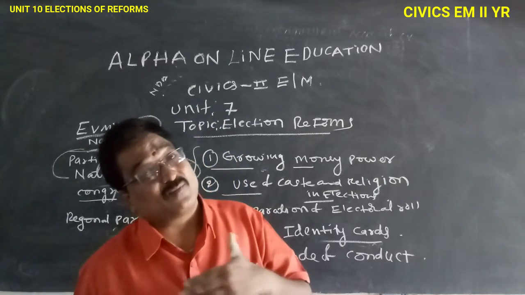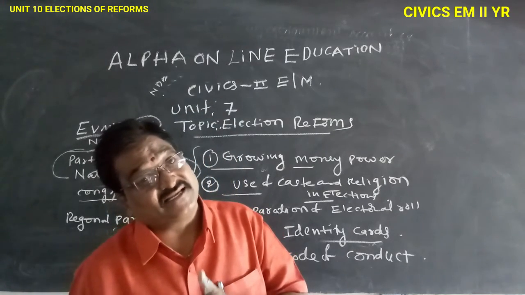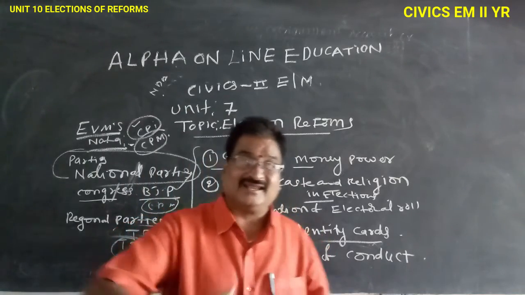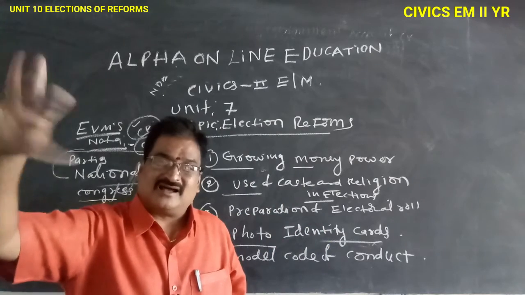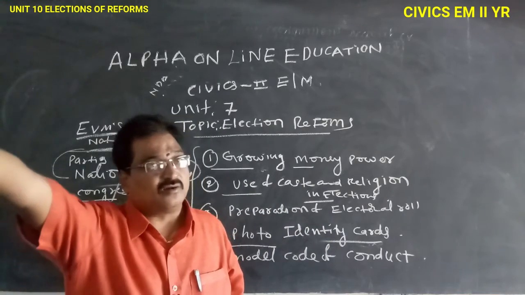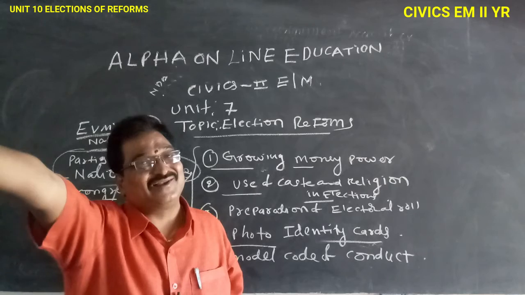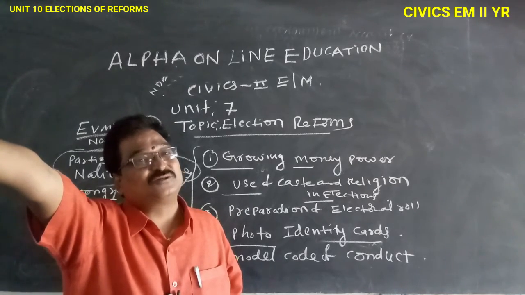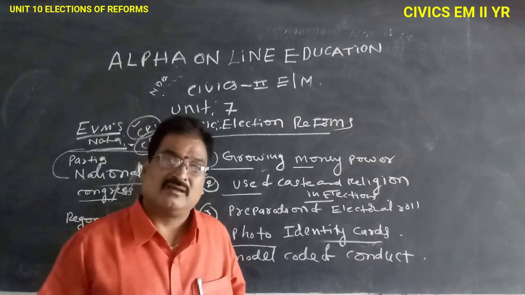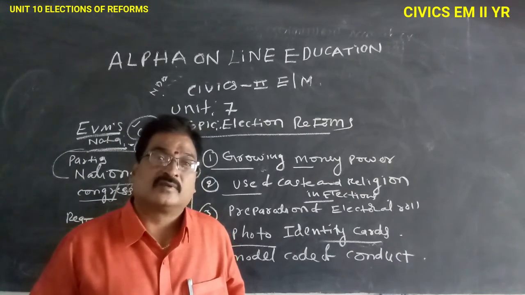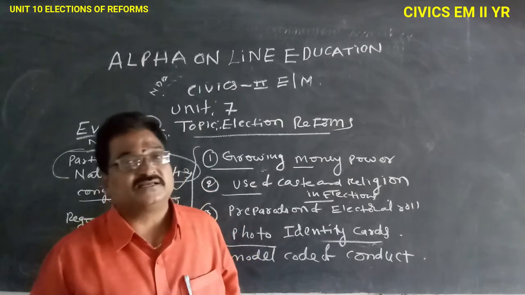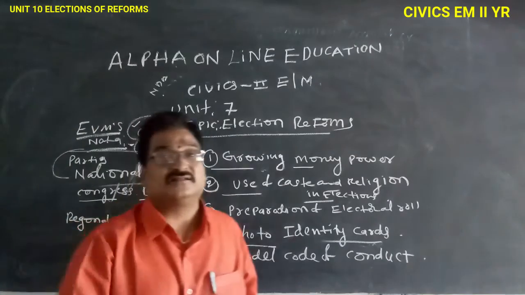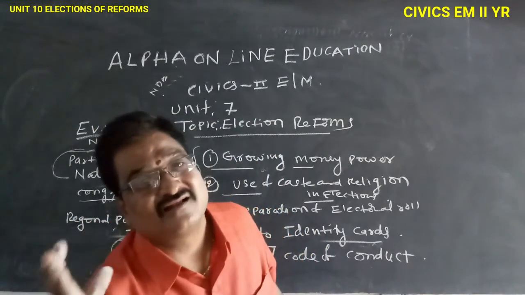So the regional parties. The majority of states at present are on the side of regional parties. Just like in the south, in Tamil Nadu, the people do not give any vote to national parties. At the time of election, they give their votes to the DMK or AIADMK. In Telangana, one or two regional parties, the major party being TRS. In Andhra, the YCP and the TDP, those two are regional parties.